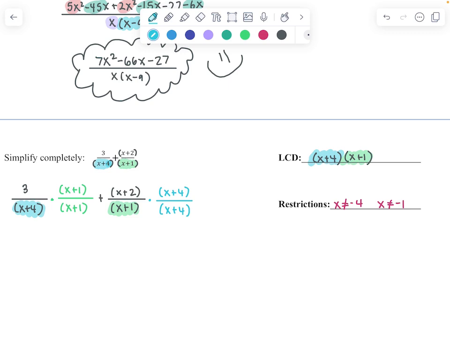So if we look here, we have a binomial times a binomial, so we're making an area model off to the side to multiply it, and it'll be x plus 2 times x plus 4.